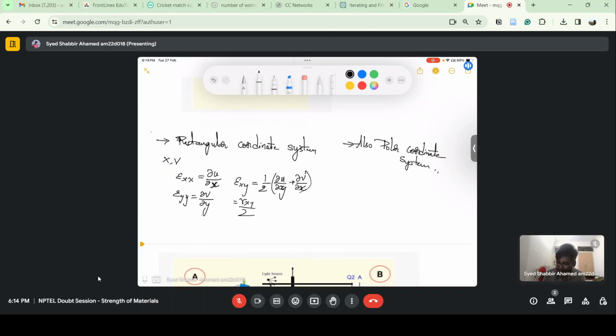When we go to the polar coordinate system, we have two directions: the radial direction and the circumferential direction, r and theta. The radial strain can be directly given as dou u by dou r, and then we have the circumferential strain.